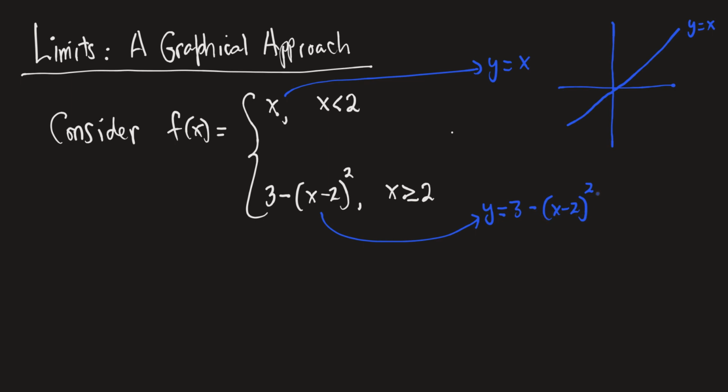I encourage you to go back to your notes from algebra, where you can look at quadratics and the different forms they can take, and how the different forms will enable you to come up with a graph quite easily.